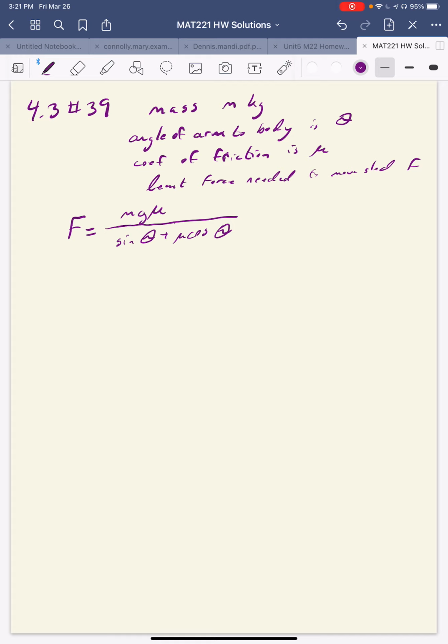And so we're looking for, it tells us if mu equals 0.15, find the maximum and minimum values for F on the interval 0 less than or equal to theta less than or equal to pi over 2, and give your answers as multiples of mg.